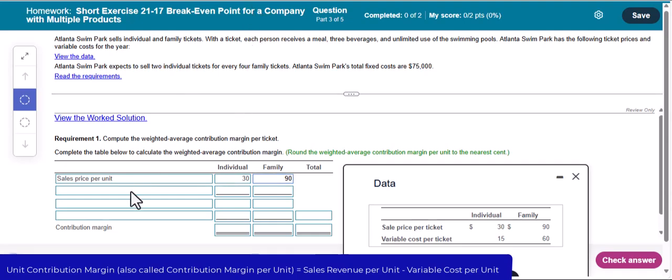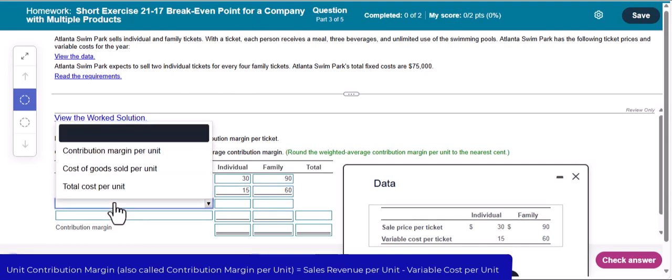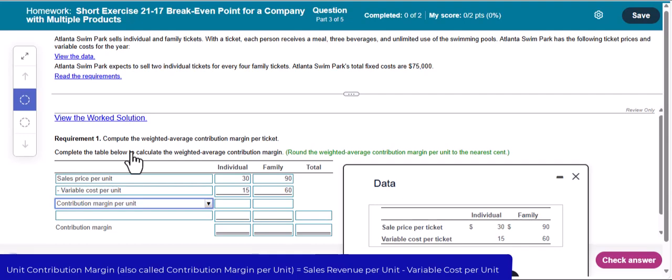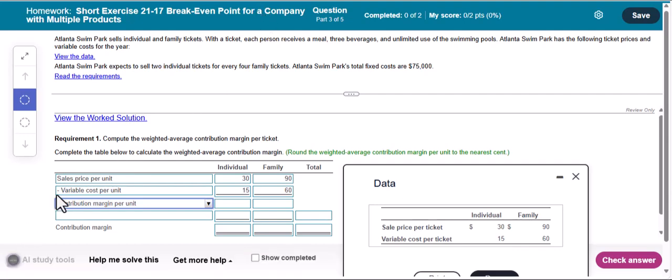Next we subtract variable cost per unit, which is also given to us here. For the individual, that's $15. For family, it's $60. And that is going to equal our contribution margin per unit. You can see the little minus sign here: we're subtracting the variable cost per unit from the sales price per unit.